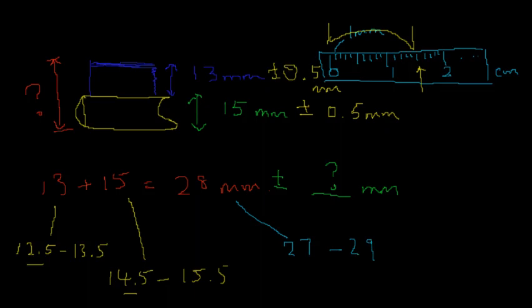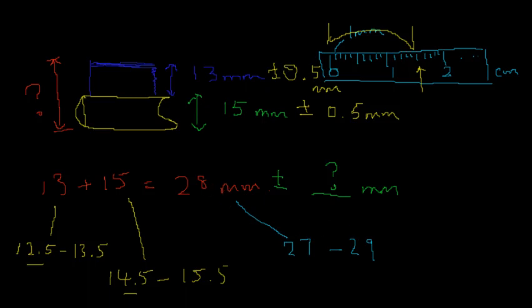So this answer is really between 27 and 29. That's the smallest possible value, and that's the biggest possible value. And 28 is obviously exactly midway between those two numbers, and those two numbers are 1 millimeter on either side of this.